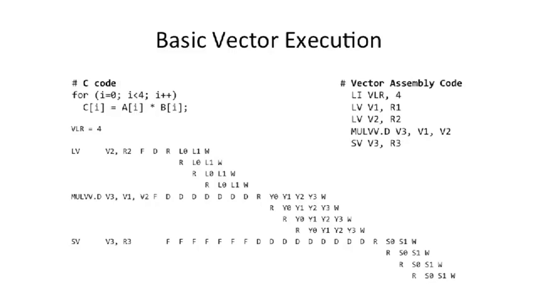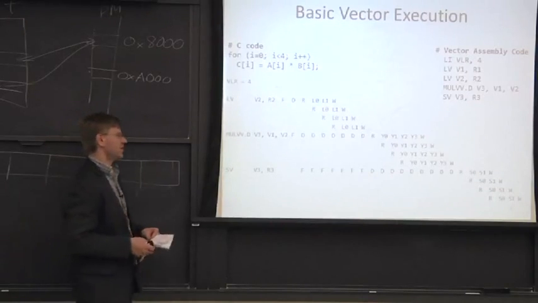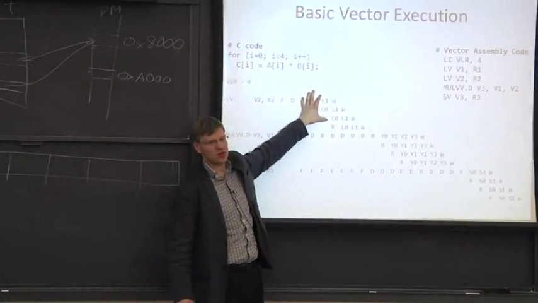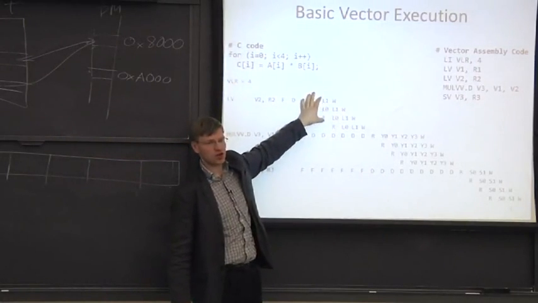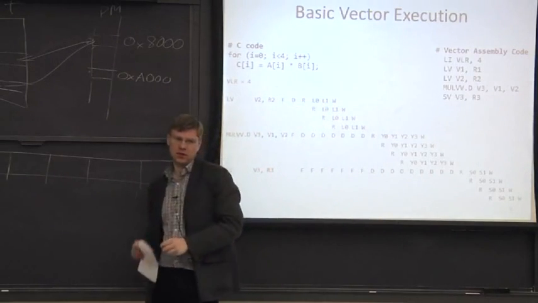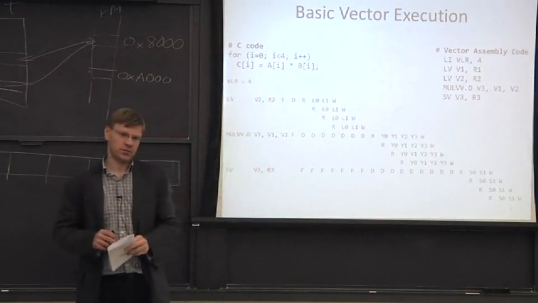I did want to introduce one piece of nomenclature. And your book calls this out. It's called a chime. So a chime is how long it takes to execute one vector instruction on the architecture.